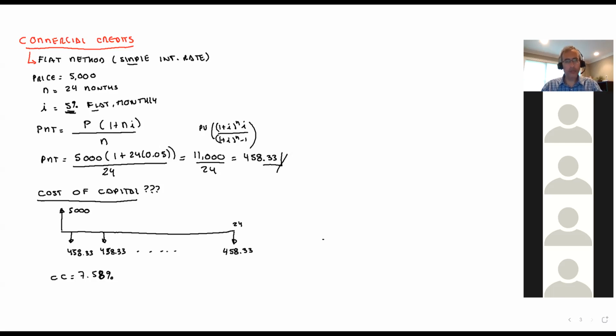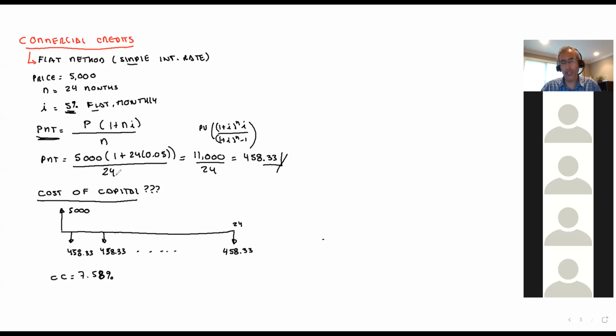Prof, I don't get the monthly payment you have there, but I did it in Excel, like the payment function. Remember that for this payment, you use this formula. You don't use the PMT formula of Excel. Yes, you use the equation: 5,000 plus 24 times 0.05, divided by 24, correct?